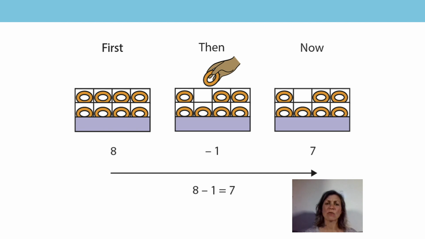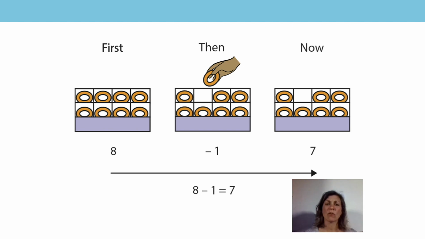What does the 8 represent in this equation? That's right, the 8 represents the 8 donuts I had first of all. What does the 1 represent? Yes, the 1 represents the 1 donut that has been taken away.